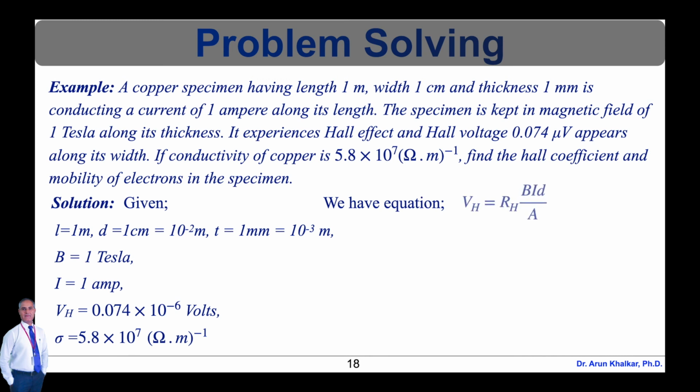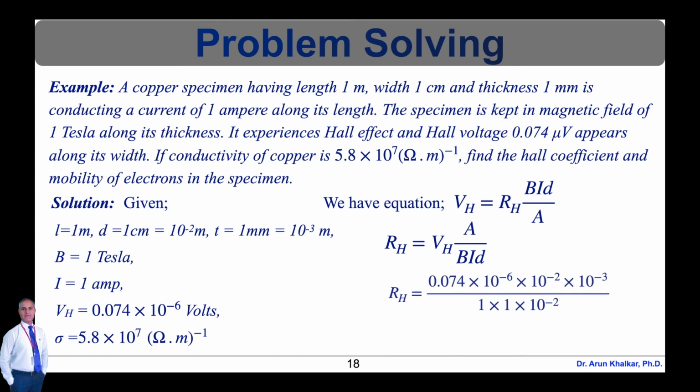We have the equation VH is equal to RH into BId upon capital A. So rearranging this equation, we can write for the Hall coefficient RH is equal to VH into A upon BId.